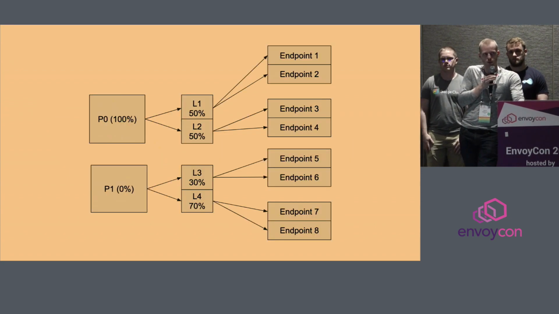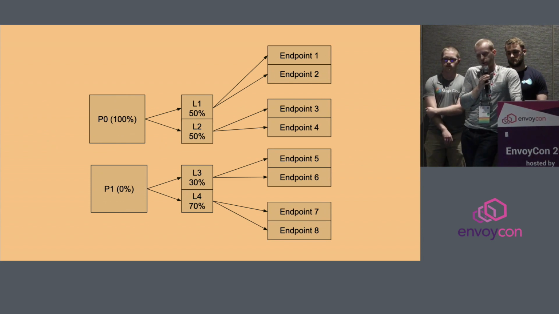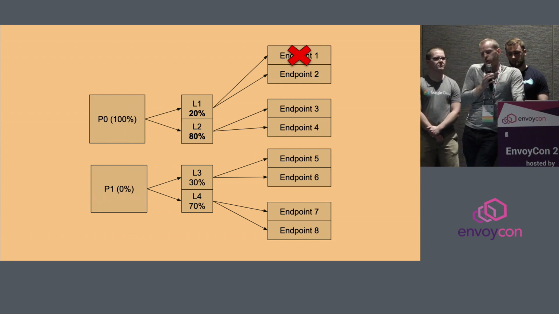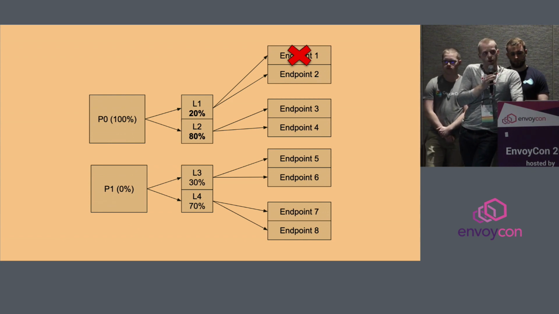Going back to our example, we can see what this looks like with weights added in. Here we've added the weights of each priority and of the localities. P0 is still receiving 100% of traffic, everything's healthy, and the localities in P0 get 50% of the traffic each. As one endpoint goes down, you see that L1 has been scaled down, because L1 is at 50% capacity, which is enough to trigger spillover, since the over-provisioning factor is not sufficient to cancel it out.